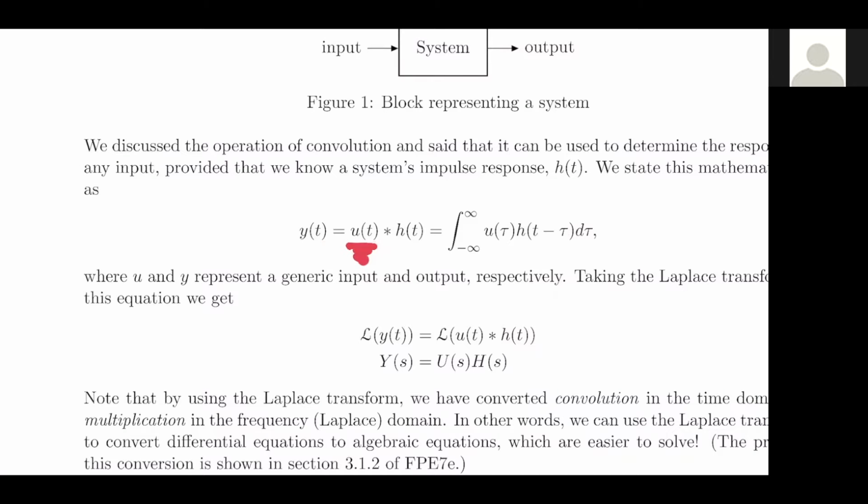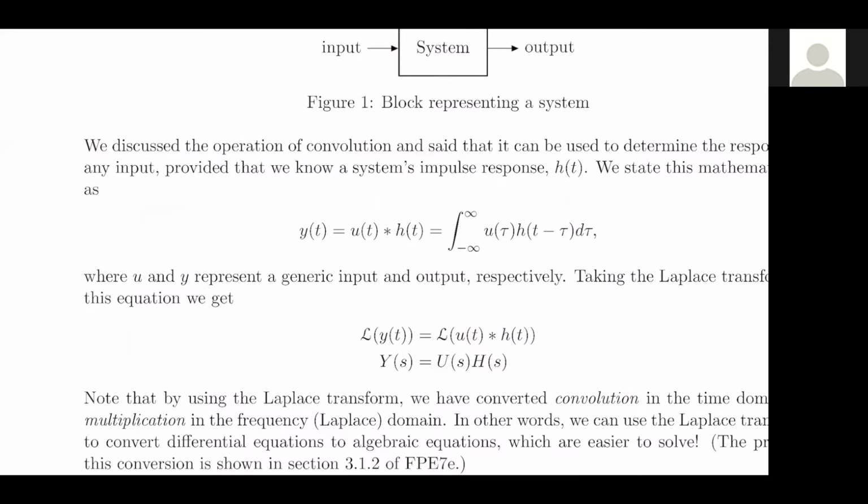In this case, the input signal is generically represented by u(t). That's one confusing thing about control theory. I like to use x(t) as inputs, but often in control theory, u(t) is what's used as the input, even though they don't necessarily mean the unit step function.